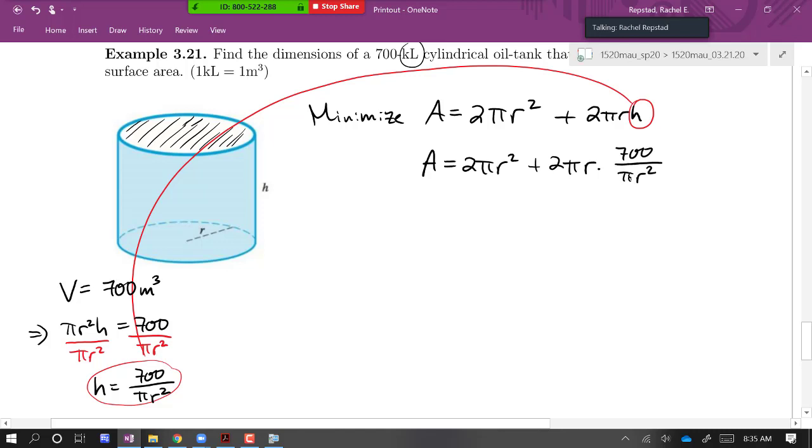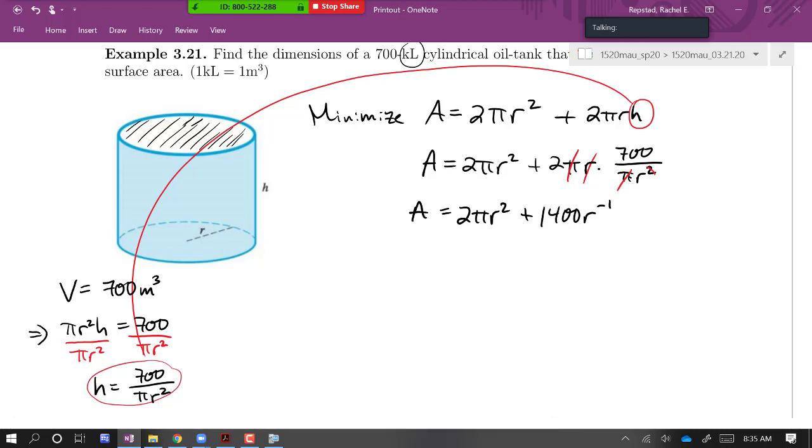I could do some simplifying, cancel the pi, cancel 1 factor of r. 2 times 700 is 1400. So I've got 2 pi r squared plus 1400 over r, and because I'm getting ready to take the derivative, I'm going to write this as 1400 r to the negative 1 power. All right, so there's power rule friendly form.